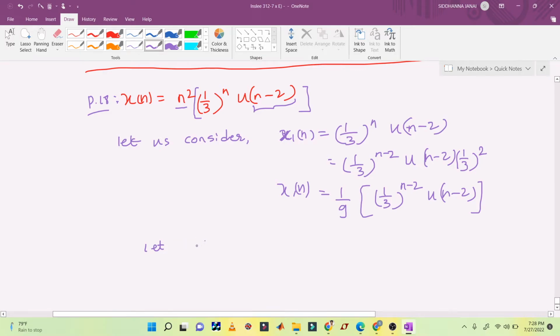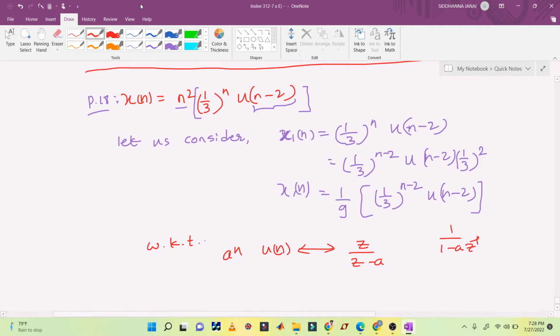We cannot use let, we just use the, we know that a to the power n u of n, its z transform is z divided by z minus a. Or you can write in other way, 1 divided by 1 minus a z inverse.